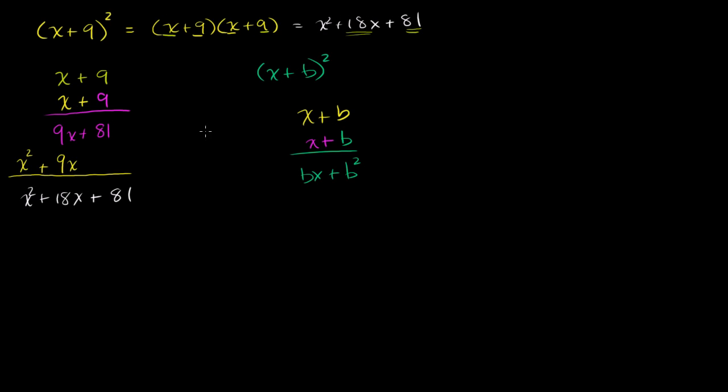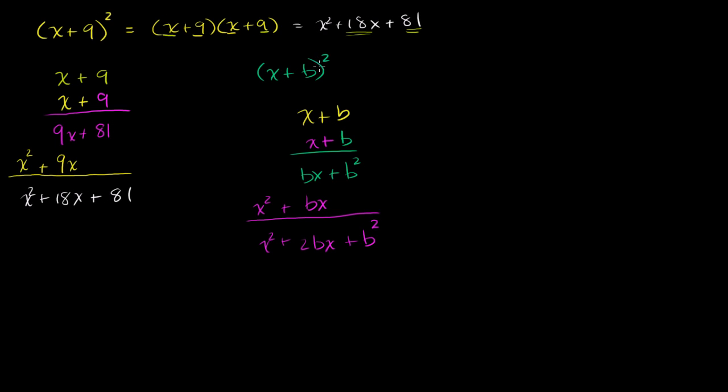And then we'll do the magenta x. x times b is bx. And then x times x is x squared. So when you add everything, you're left with x squared plus 2bx plus b squared. So what you see is that x plus b squared is x squared plus 2 times the product of x and b plus b squared.